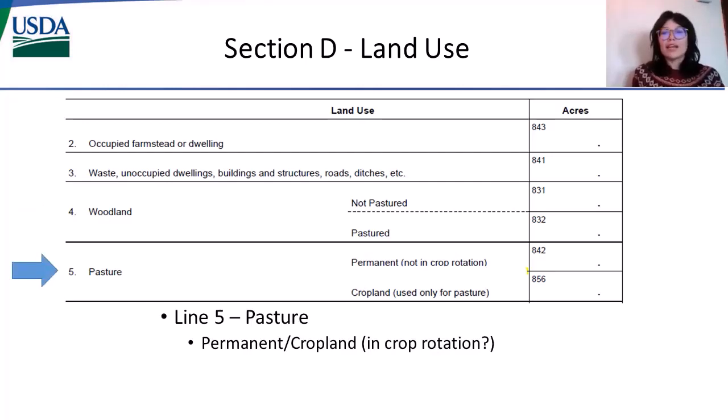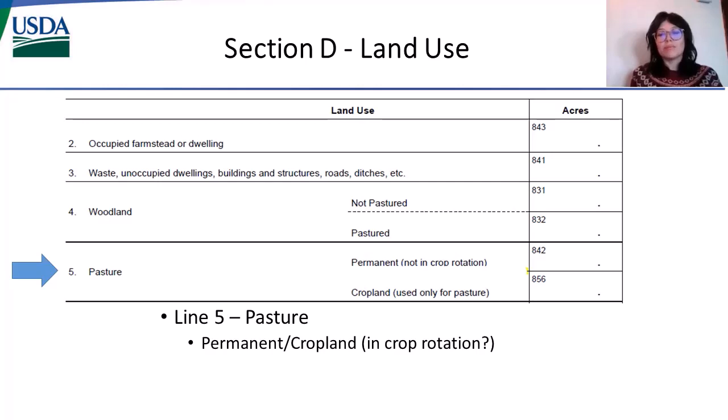Line 5 accounts for pasture, such as permanent pasture, which is ground that is normally grazed by livestock and is not in a regular crop rotation. This is typically ground that has never been tilled. Then there's cropland pasture, which is cropland in a crop pasture rotation that's used only for pasture during the current year, but could be, and has been, used for crops without additional land improvements.